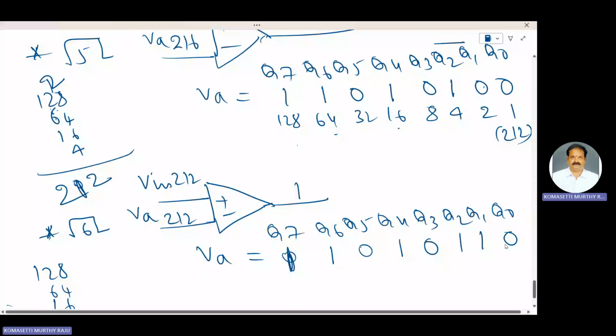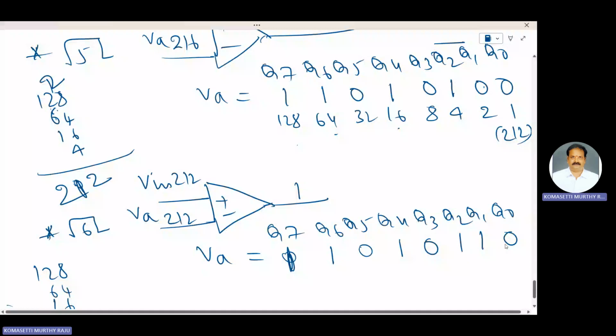For the seventh clock cycle, Vin is 212, VA is 214. VA is greater than Vn. The output of the comparator is 0. Therefore, compare these two.